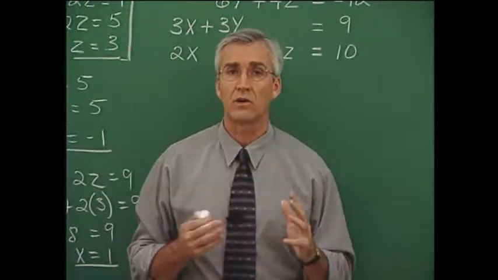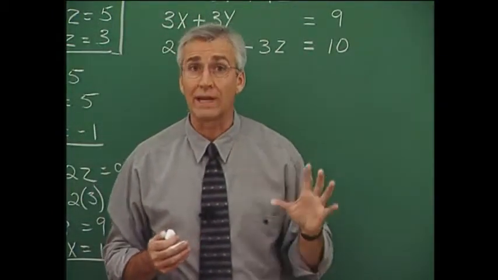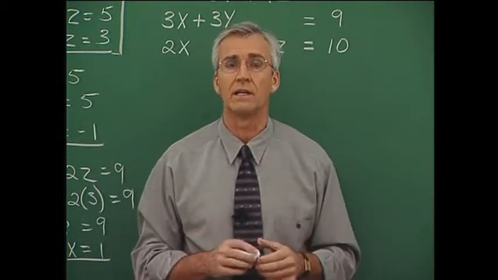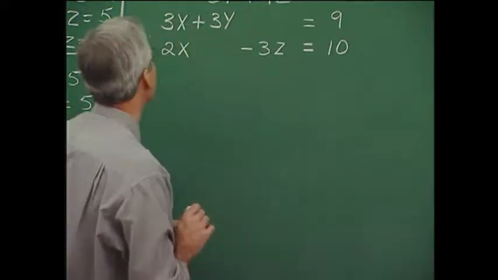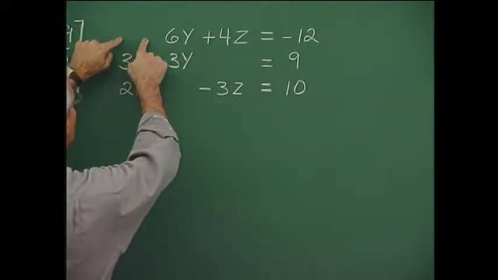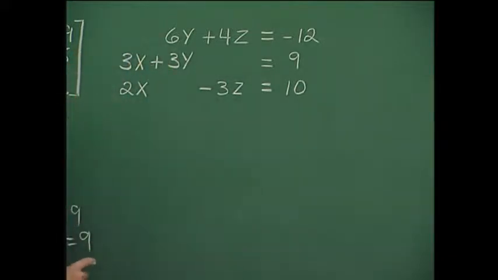And this says no x's plus 1y plus no z's equals negative 1. Y then equals negative 1. No x's and no y's and 1 z equals 3. Z equals 3. So our ordered triplet is 1, negative 1, 3 for the answer to our system of equations.